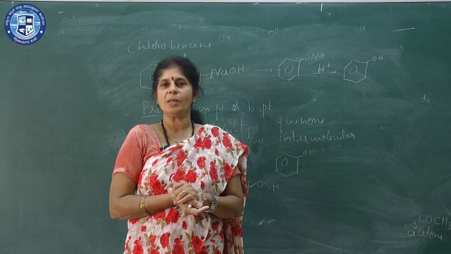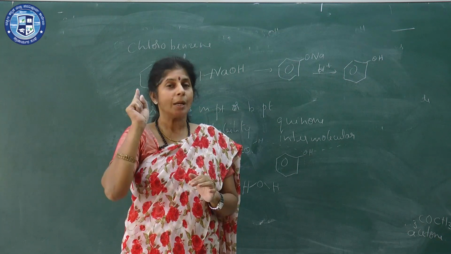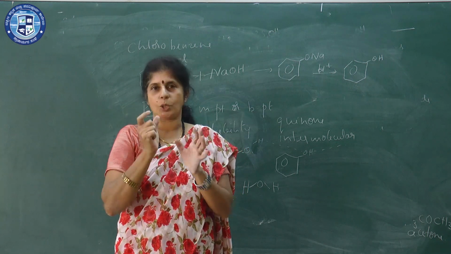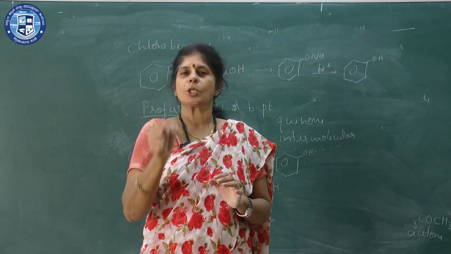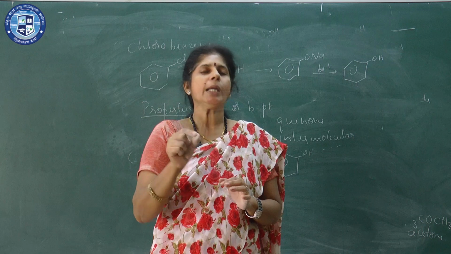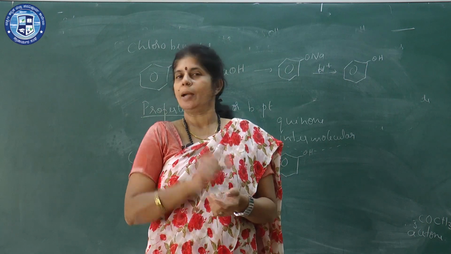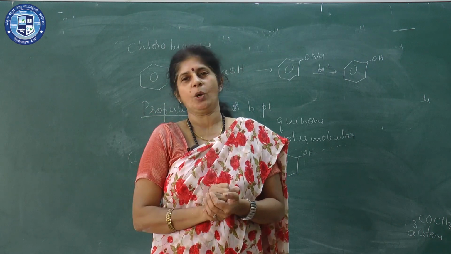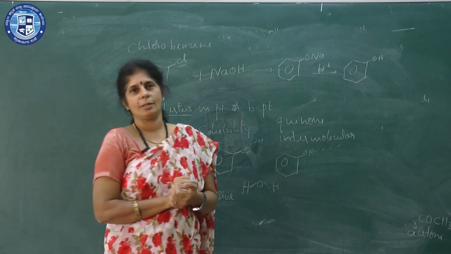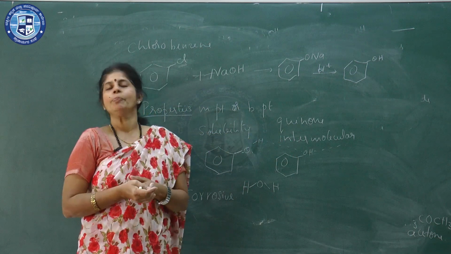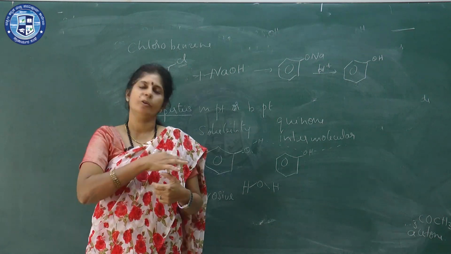That means the cashew nut shell contains a highly corrosive chemical, and that is nothing but the polyphenols. So polyphenols are present in cashew nut shells. Now you can understand the corrosive nature of the phenols.